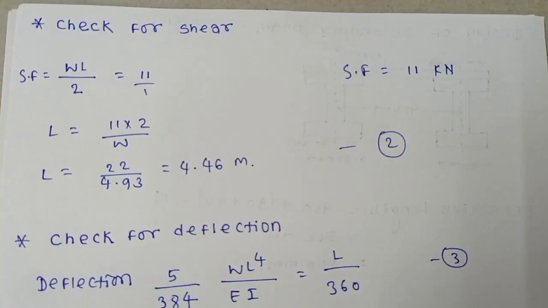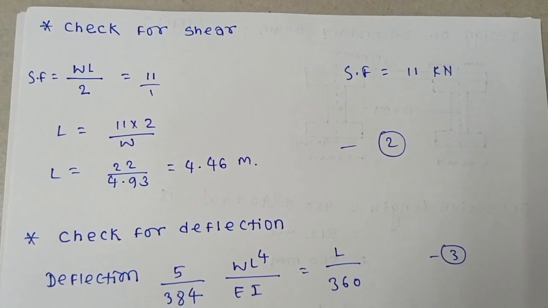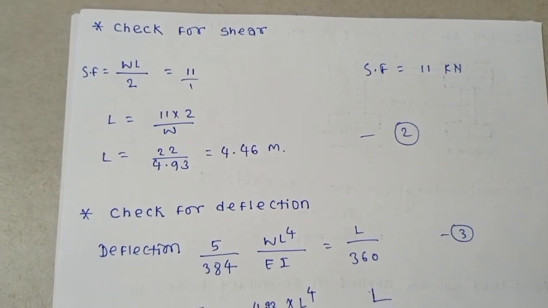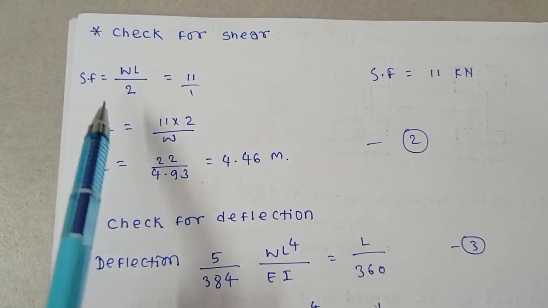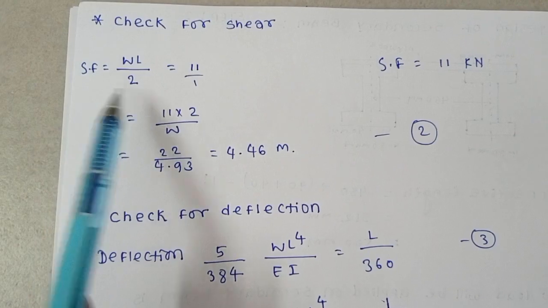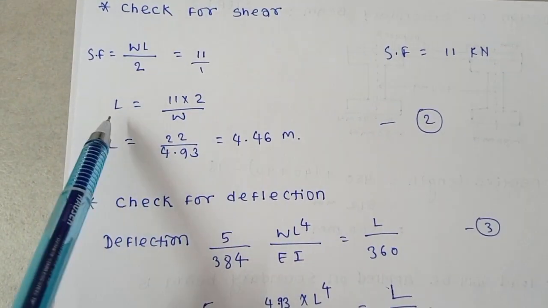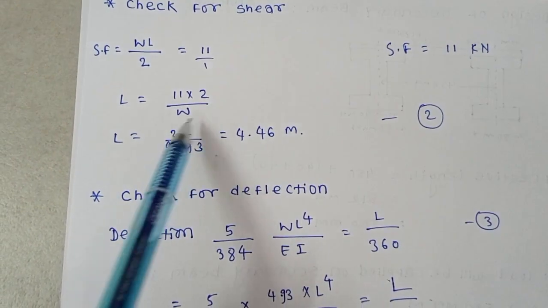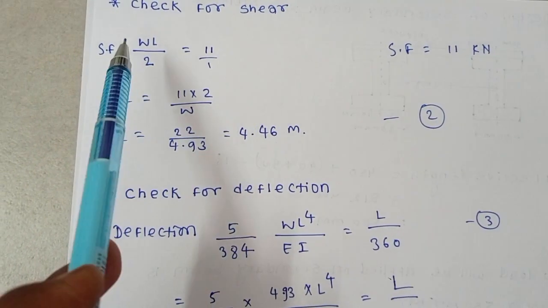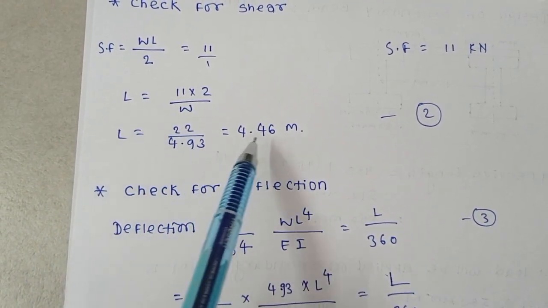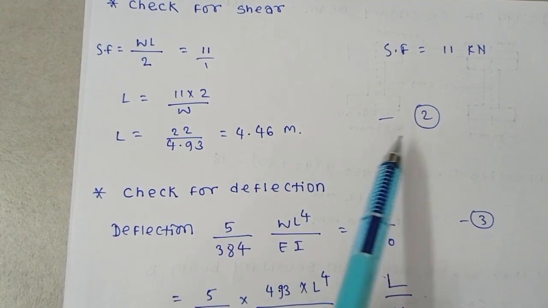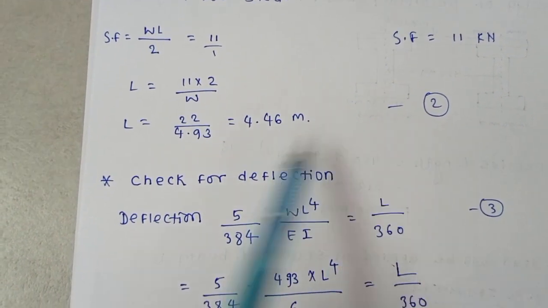Next, checking for shear force, they have already given 11 kilonewton. The formula is WL divided by 2 equal to 11, doing the cross multiplication, L equal to 11 into 2 divided by 4.93. So L equal to 4.46 meter. Equation 2 we have just assumed.